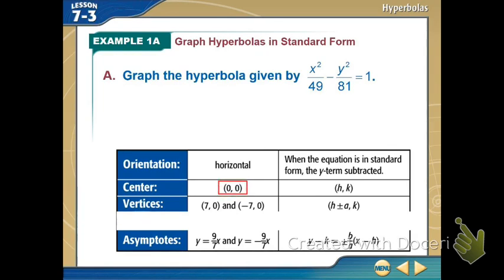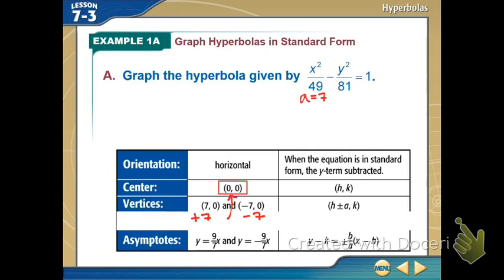And if this value right here is 7, then when I graph it, I'm going to be going plus 7 spaces and minus 7 spaces from the origin to find the vertices.